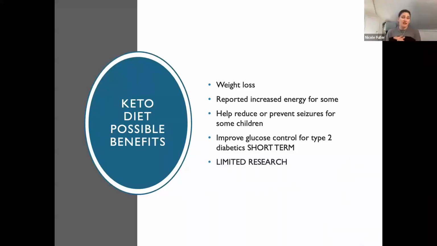So are there some benefits to the keto diet? Well, if you're on this keto diet, you're likely going to lose weight. Some people do report after getting into ketosis that they feel like they have more energy or clarity, or the brain fog is lifted. I can't tell you from experience because I've never done it, but that's what some people say.